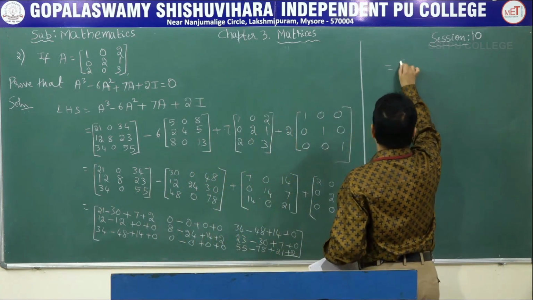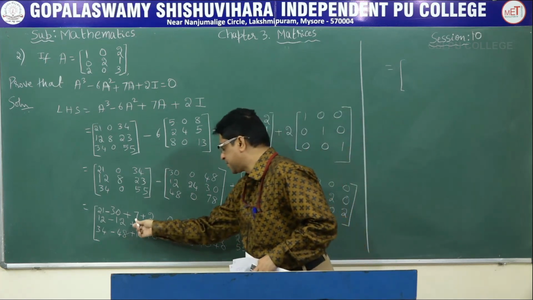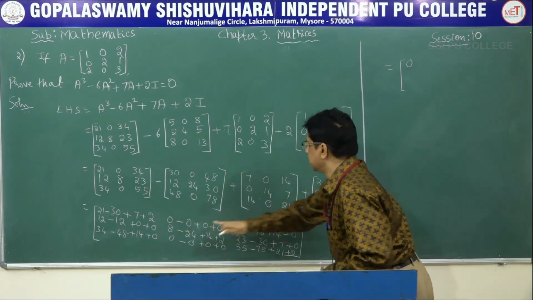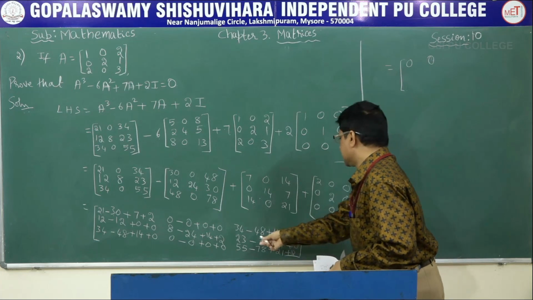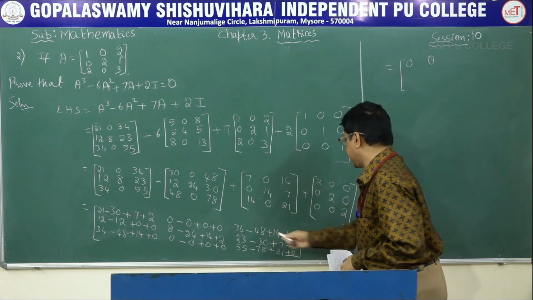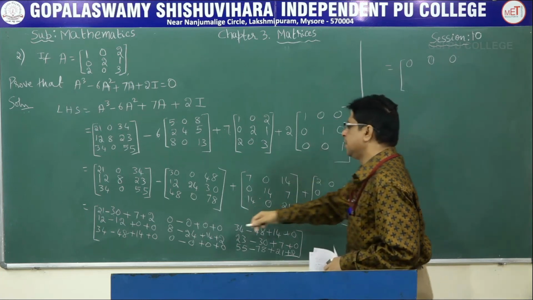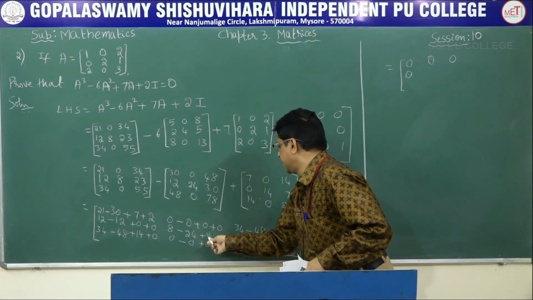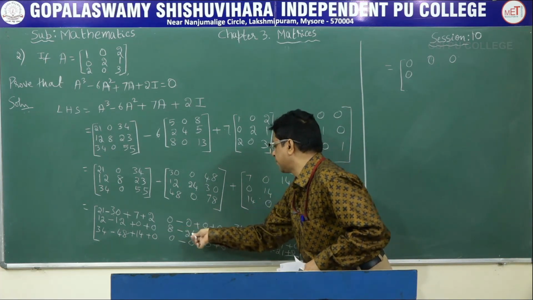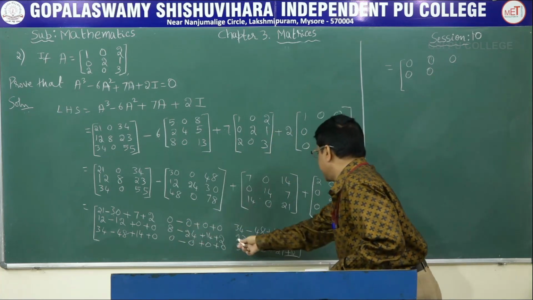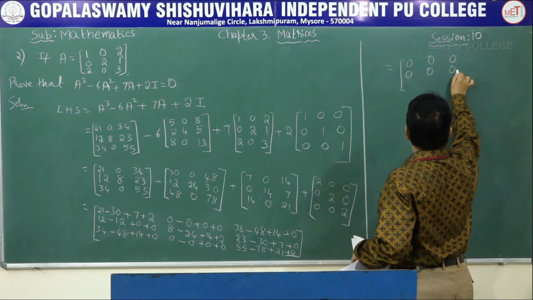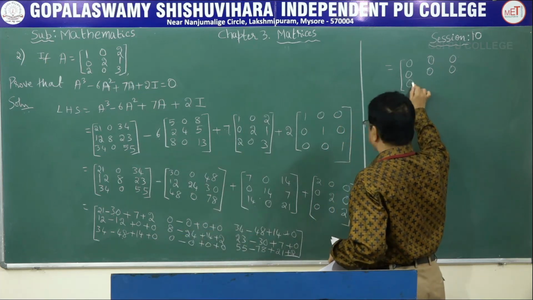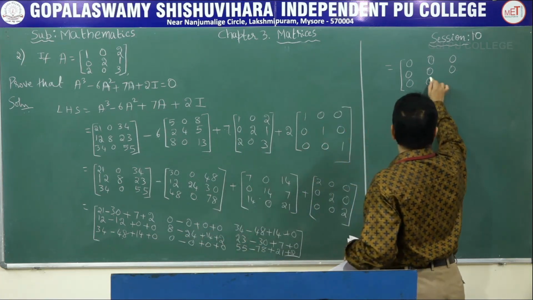So that will be equal to 7 plus 2, 9, 9 plus 21, 30, minus 30 is 0. This element will be 0. So 34 plus 14 is 48, 48 minus 48 is 0, and 12 minus 12 is 0. Here 14 plus 2, 16, 16 plus 8, 24, 24 minus 24, 0, 23 plus 7, 30, 30 minus 30, 0, and 34 plus 14 is 48, 48 minus 48 will be 0 and 0.